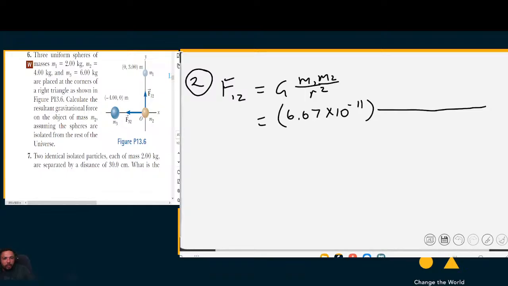And then the mass of M1 is 2 kilograms. And the mass of M2 is 4 kilograms. And the distance between them is 3 meters. And then you need to square the 3 meters.